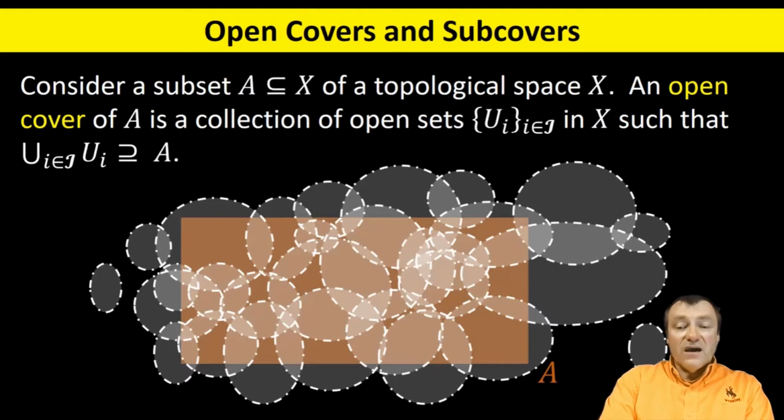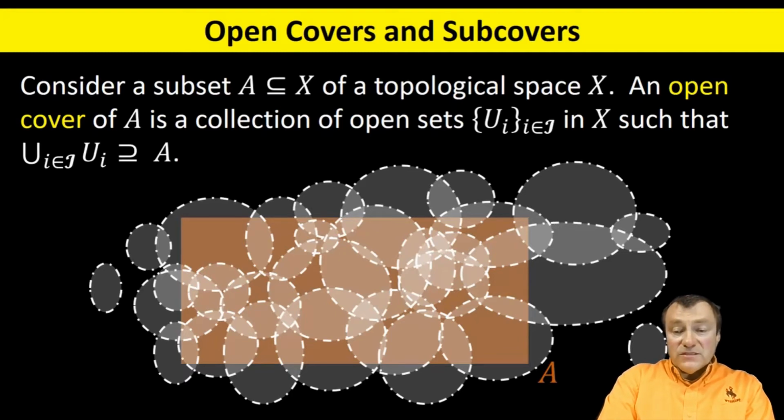That is, it covers A. The collection of open sets is, in other words, a set of open sets, or a family of open sets. And it's often convenient to index these open sets in the family using an index set, which we'll denote here by script I. The index set is often a very large set, maybe an uncountable set of reals, in which case the collection of open sets is going to be very large.